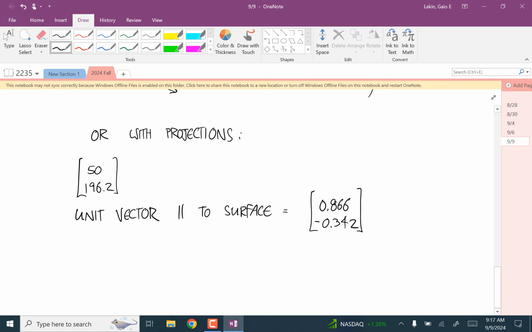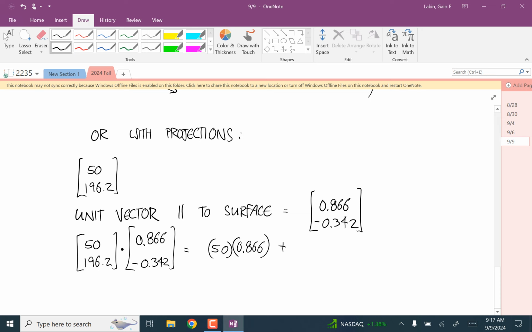And so the projection is 5196.2 dotted with 0.866, negative 0.342. And so that's 50 times 0.866 plus 196.2 times negative 0.342.